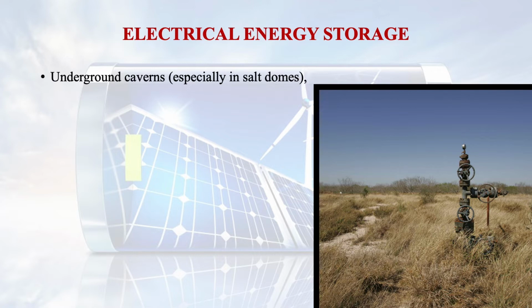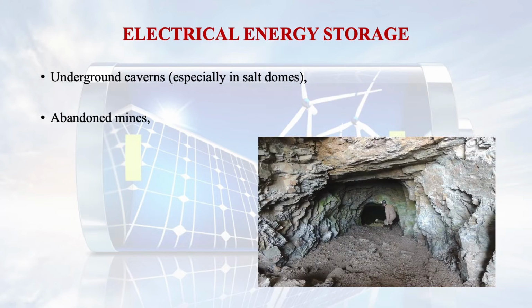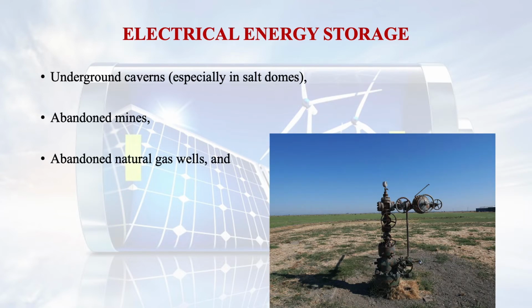Examples of such systems are underground caverns, especially in salt domes, abandoned mines, abandoned natural gas wells, and it is particularly common in empty aquifers. The net energy yield in such storage is moderate to high.